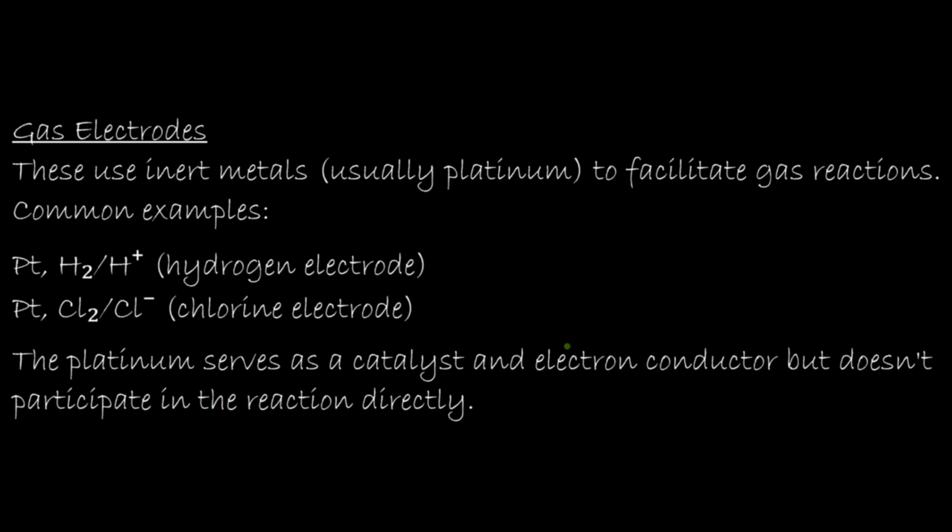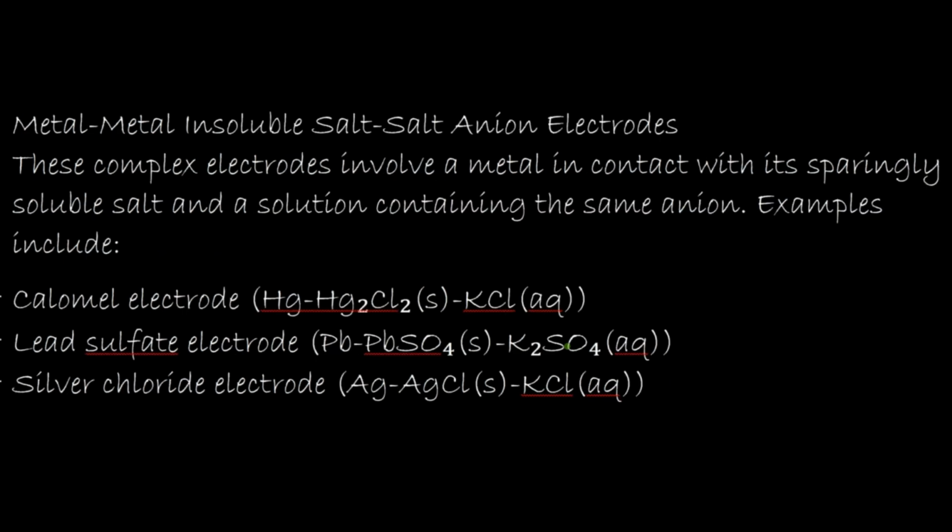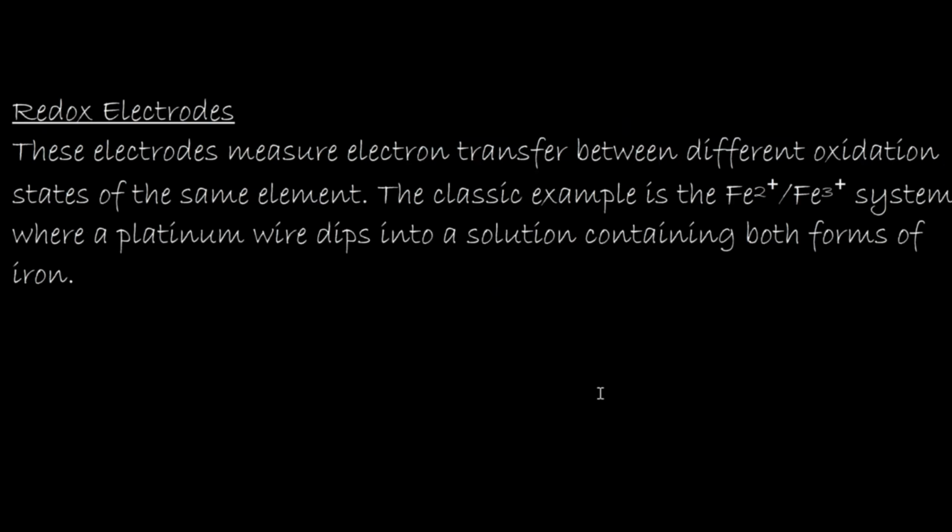Platinum here serves as a catalyst. So these three are metal insoluble salt ion electrodes: calomel electrode, lead sulfate electrode and silver chloride electrode. These electrodes measure electron transfer between different oxidation states of the same element, which is the redox electrode, which is our hero of this chapter.